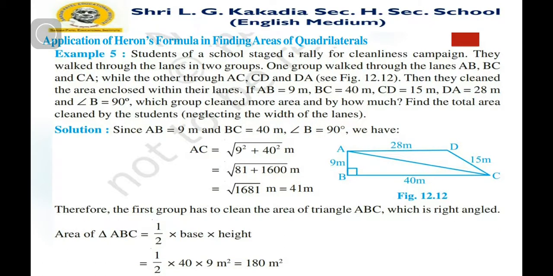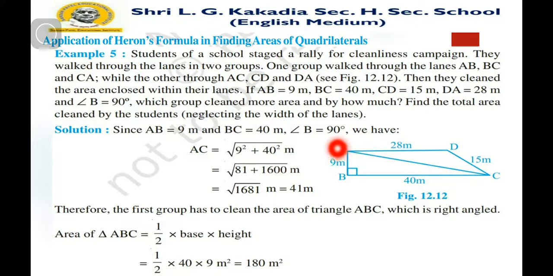So here, given triangle ABC and triangle ADC, we want to find the area using Heron's formula, but we first have to find AC.